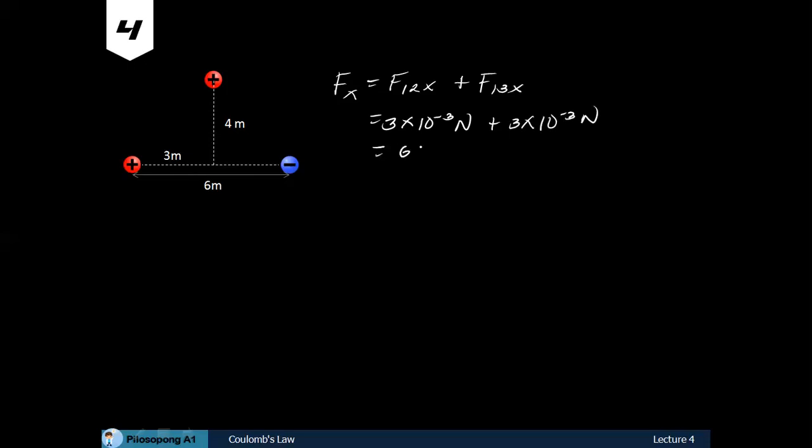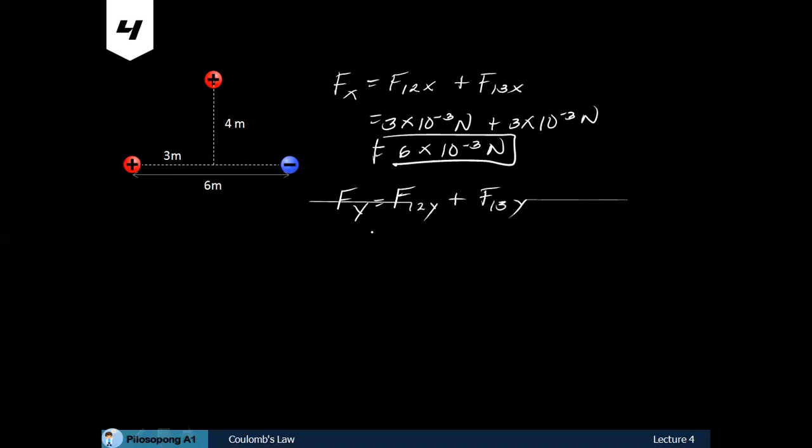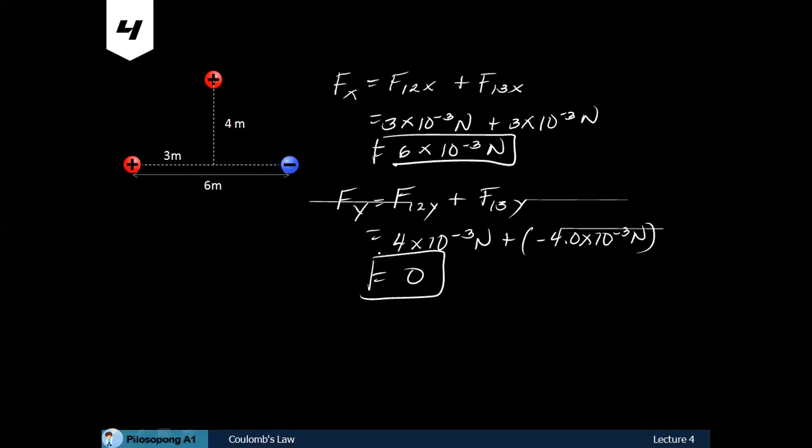We get 6 times 10 raised to negative 3 newtons for the x direction. For y, you get F12y plus F13y. So we have a positive 4 times 10 raised to negative 3 newtons and a negative 4 times 10 raised to negative 3 newtons. And we have a 0 value for the y component.